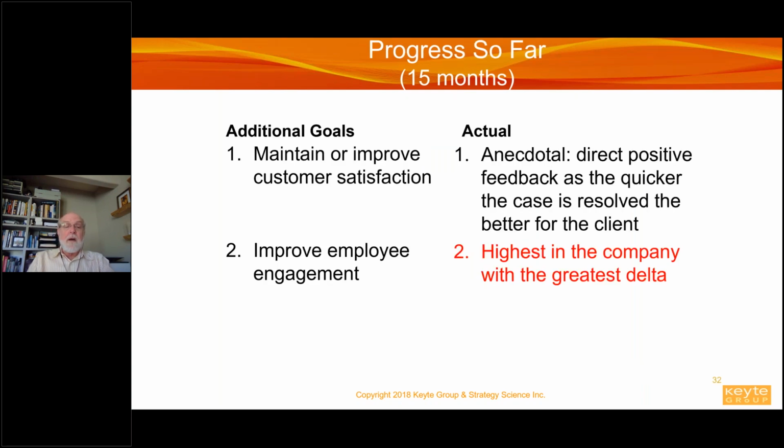Also, in terms of customer satisfaction, they didn't have a great metric for this because they're dealing with thousands of insured. So they had an anecdotal or surrogate one where they were looking at the positive feedback improve as they solved the cases quicker.